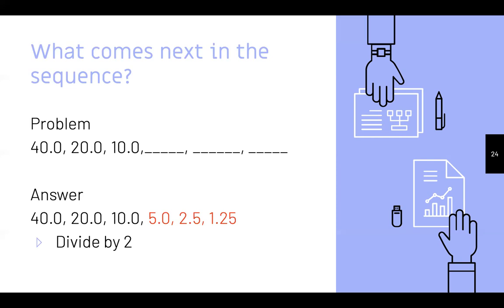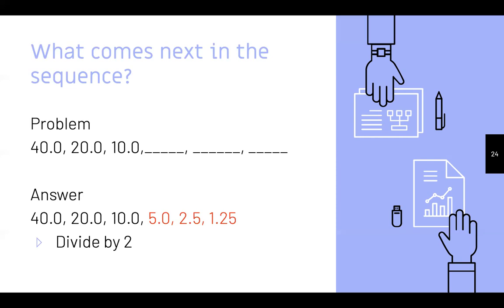Or you can just do that second term divided by that first term. Sort of like the same concept for multiplication. Nothing has changed there, except this is dividing. And 20 over 40 is 1/2. Just to double check, that's division. 10 over 20 is 1/2.